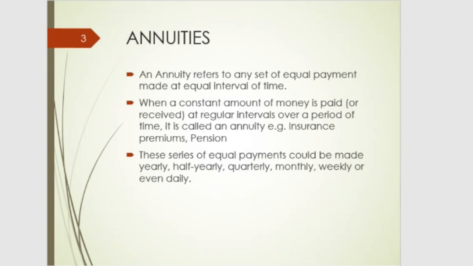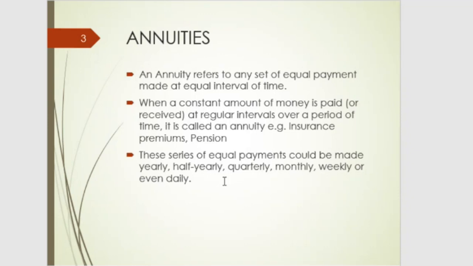Now, starting with annuities, an annuity refers to any set of equal payments made at equal intervals of time. It's when a constant amount of money is paid or received at regular intervals over a period of time.